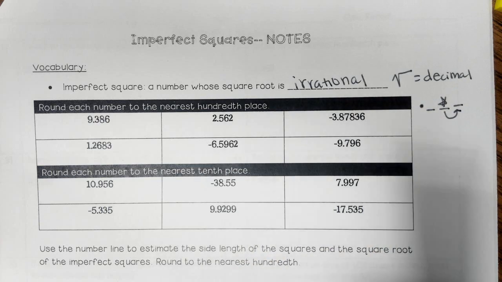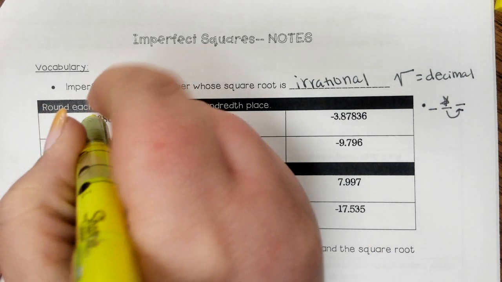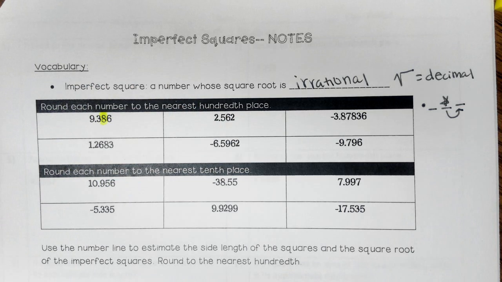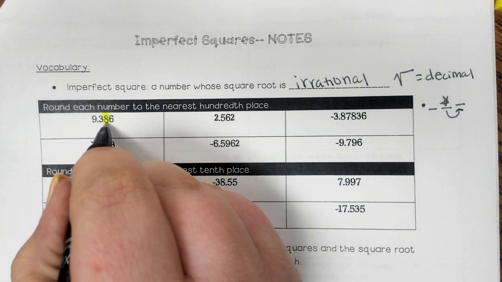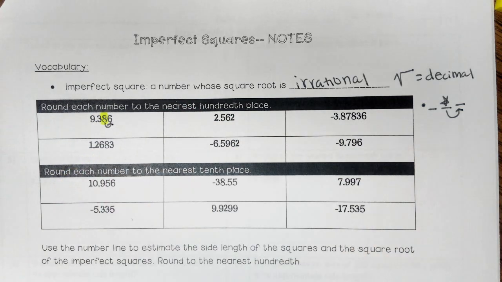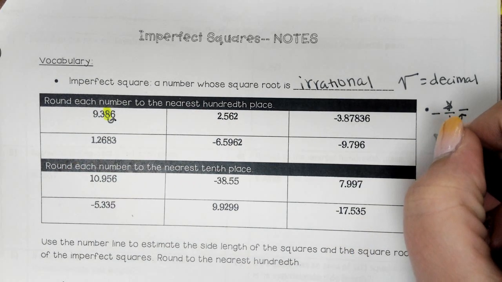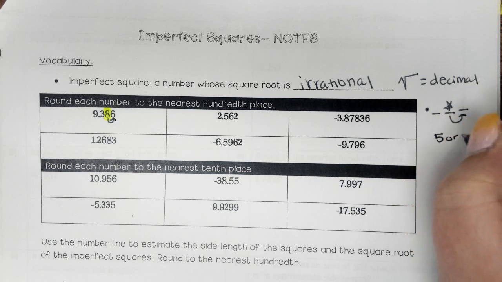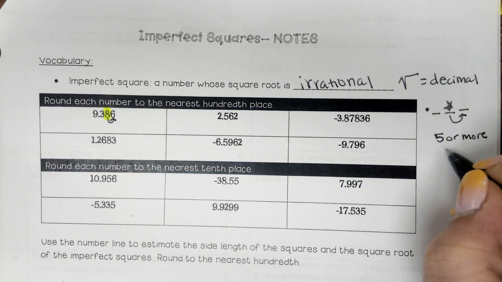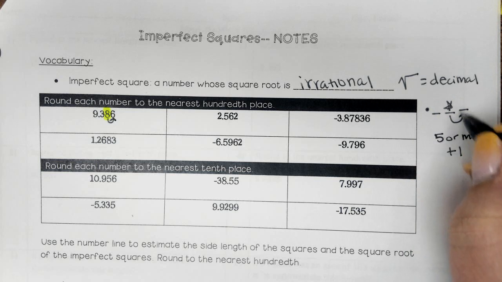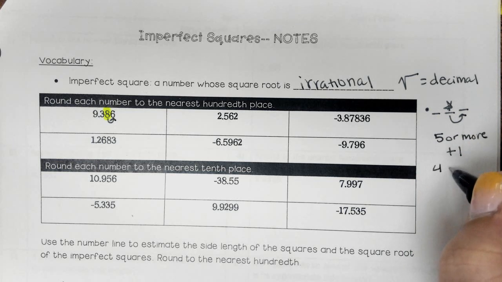So we're going to look at the second number. That's our important number. That's where we're going to stop eventually. To decide what to do there, we look at the number behind it. If that number is 5 or more, we add 1. If that number is 4 or less, we just stay.